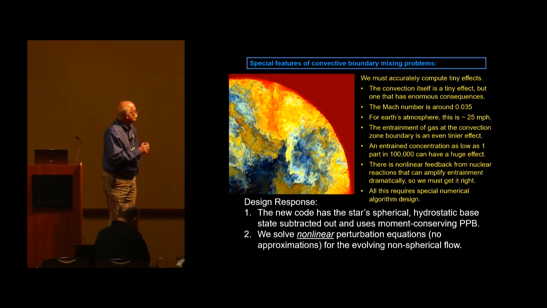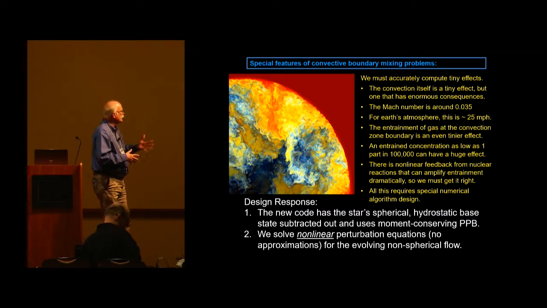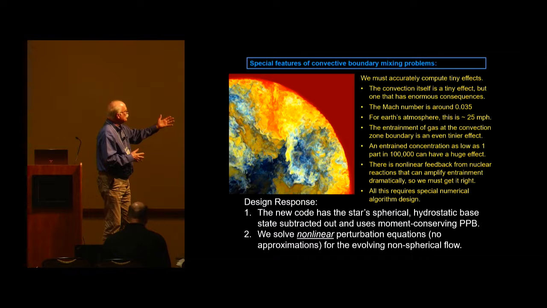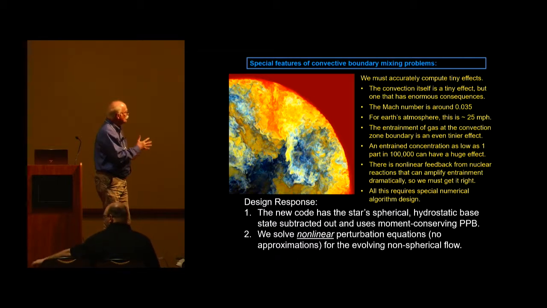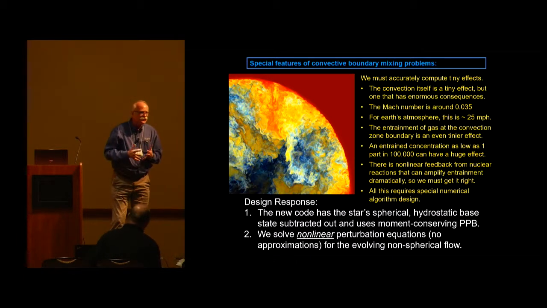And so this is showing a zoom in on the top of a convection zone, and the colors have been enhanced. If you could see it and you wouldn't burn up, it wouldn't look like that, but we tried to make it pretty to show how at the top of the convection zone there is fluid above that is stably stratified.